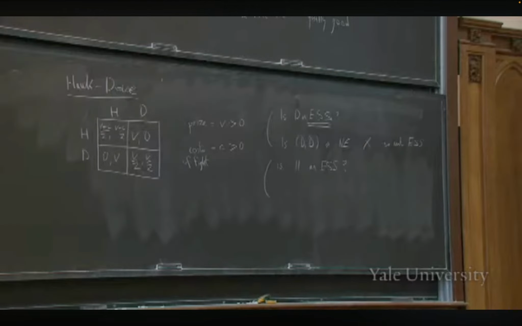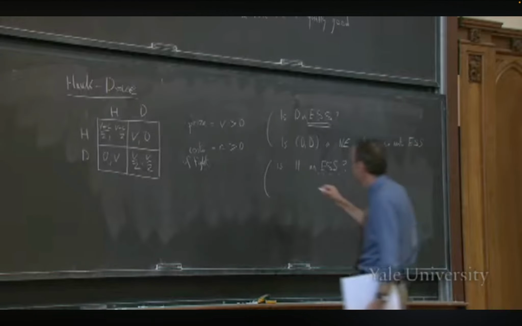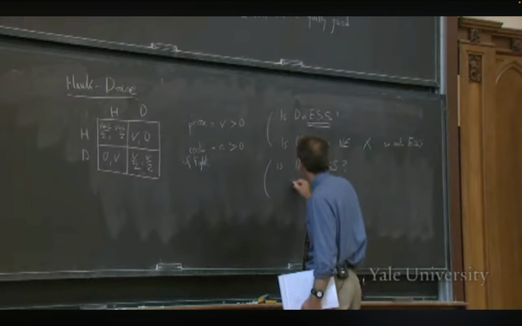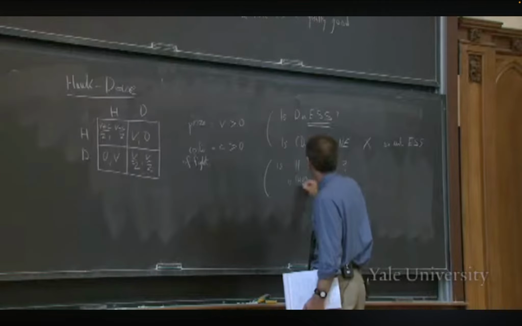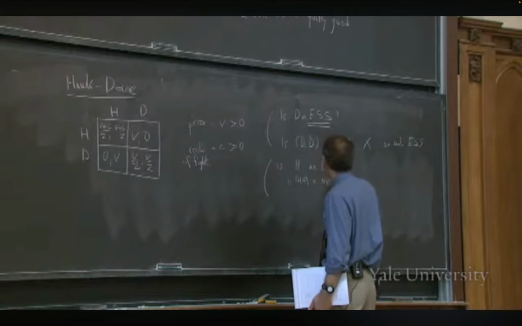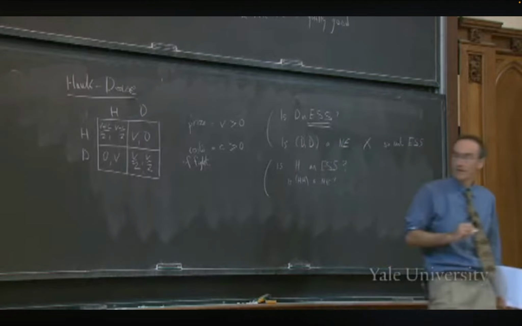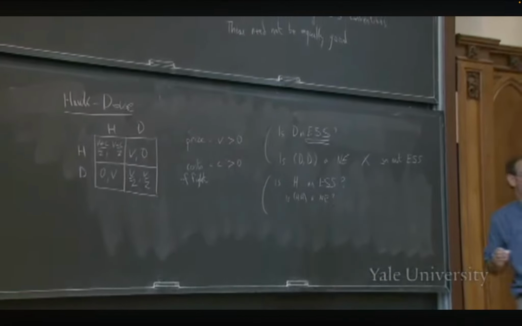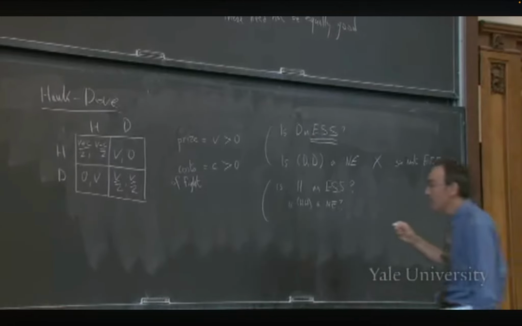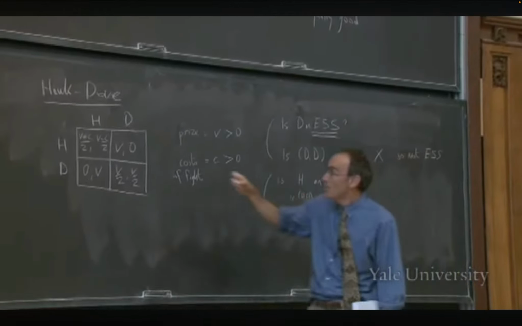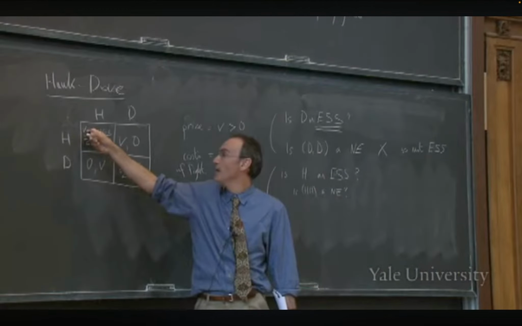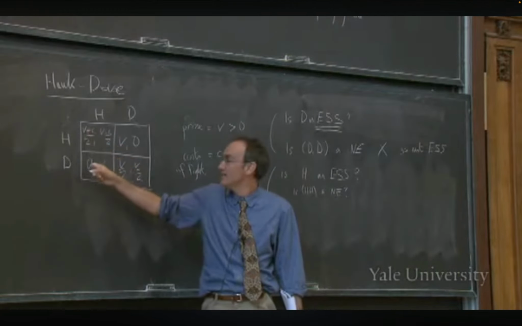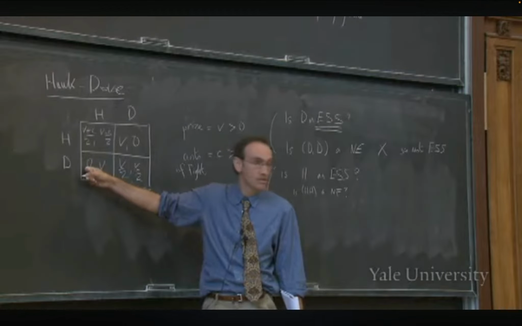So how do we check this? Well, we have to look at once again and ask the question. This is the first question to ask: is Hawk-Hawk a Nash equilibrium? All right. So is it a Nash equilibrium? Well, I claim it depends. I claim it's a Nash equilibrium provided V minus C over 2 is at least as large as 0.